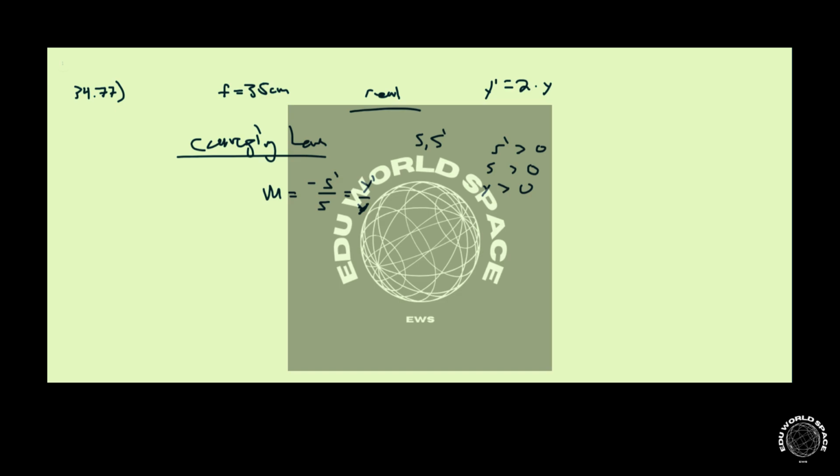Now, the only way that we can satisfy all these conditions and this equation, you should see, because there's a minus sign here, if all three of these are always positive, the only way is if y prime is negative. So we know that the magnitude of y prime is equal to 2 times y, and then we know it's negative, so now we know that y prime has to be negative 2y.